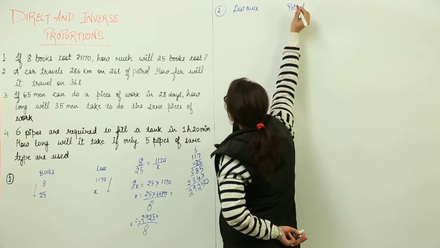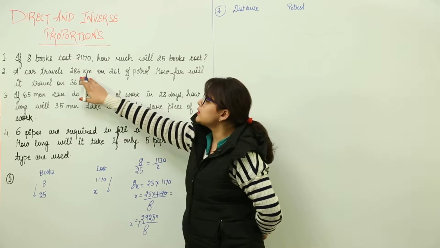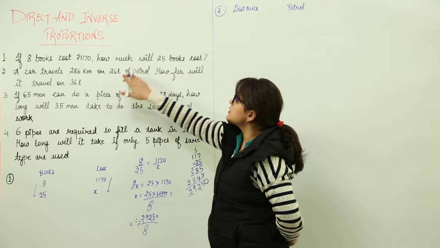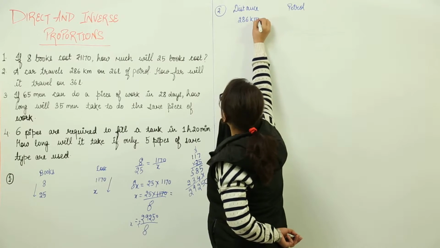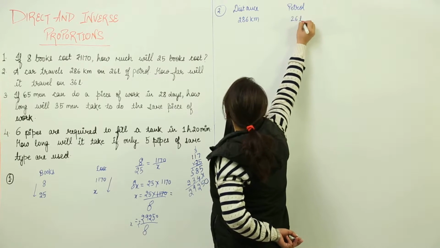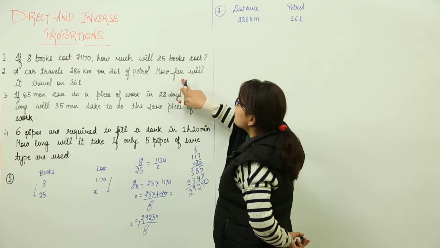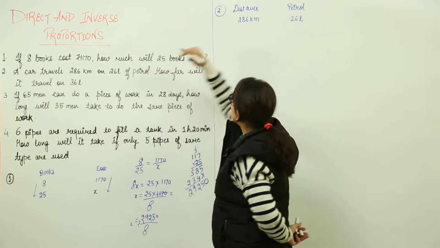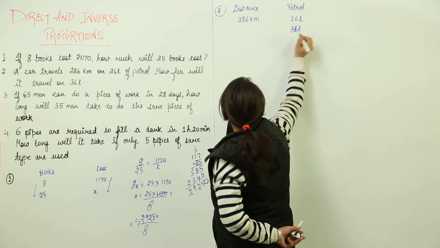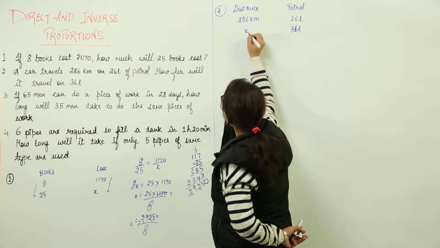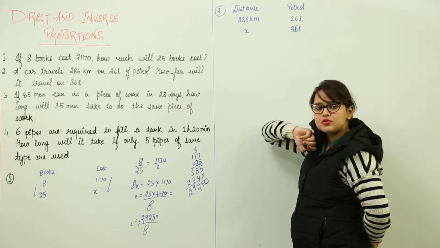Now discuss the values. It says 286 kilometers on 26 liters. So we'll write 286 kilometers on 26 liters. They are asking how far will it travel on 36 liters. So I'll write 36 liters over here, right? And this is to be found out. So I will put x over here.